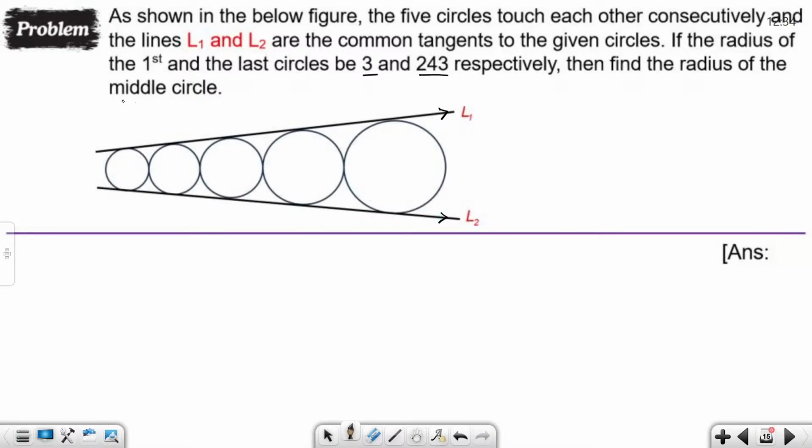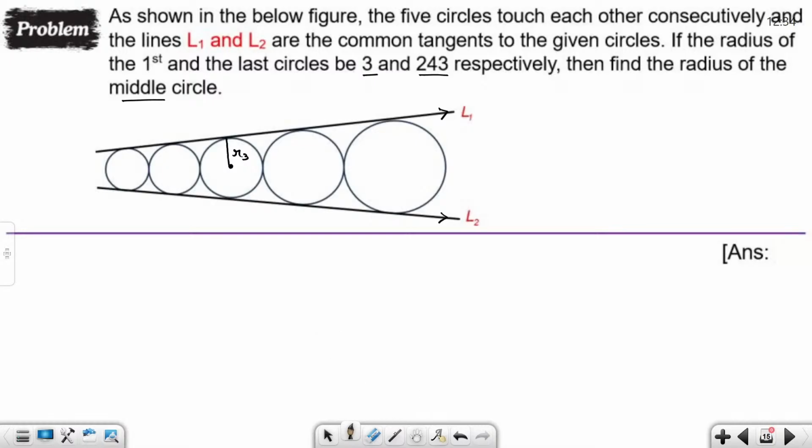Then you have to find the radius of the middle circle. Let me give a name, R3. So R3 is the radius of the middle circle. We have to find out what that radius is, right?